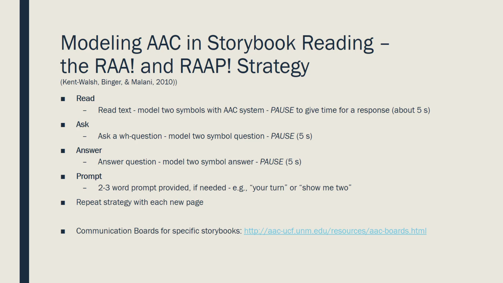Next, you would verbalize a WH question, modeling the two-symbol question on the AAC system and pausing for about 5 seconds for a response. The third step would be to verbally answer the question and then model the two-symbol answer on the AAC system, pausing for about 5 seconds for a response.